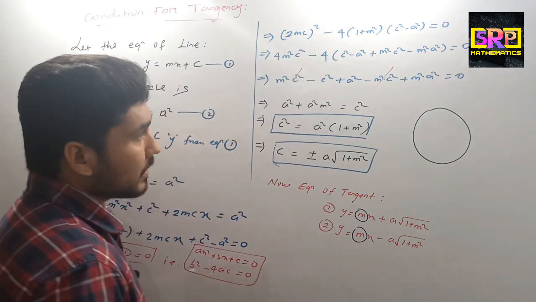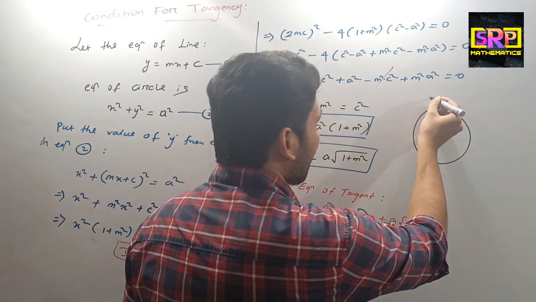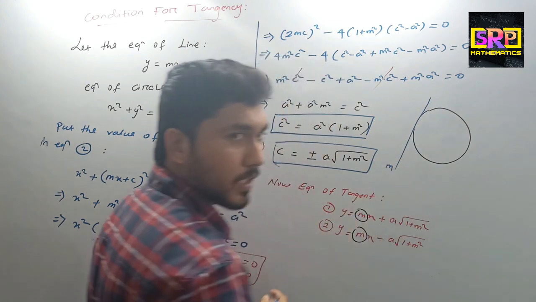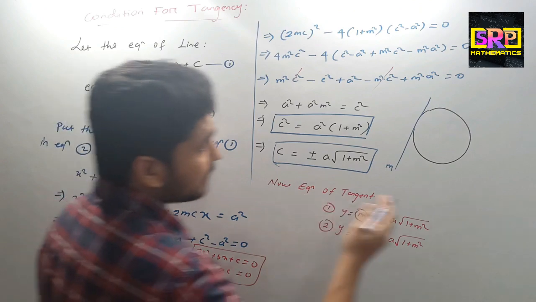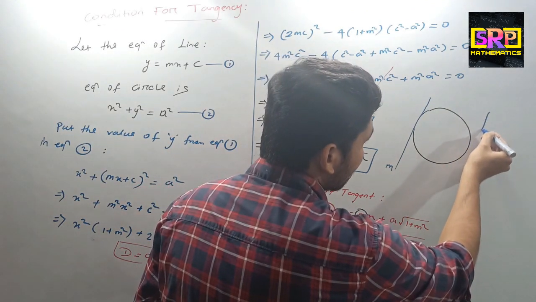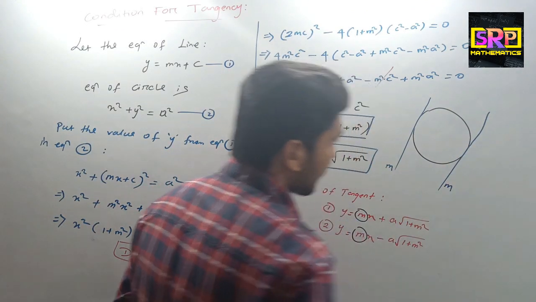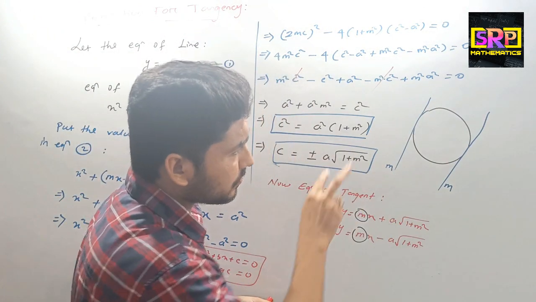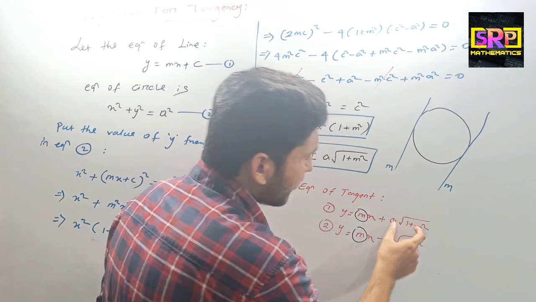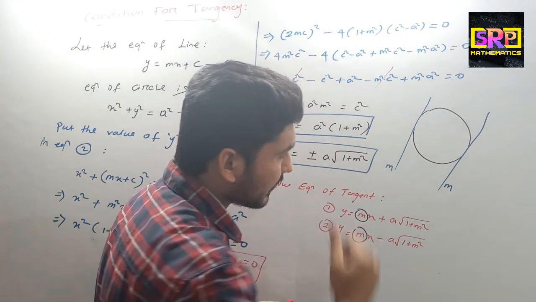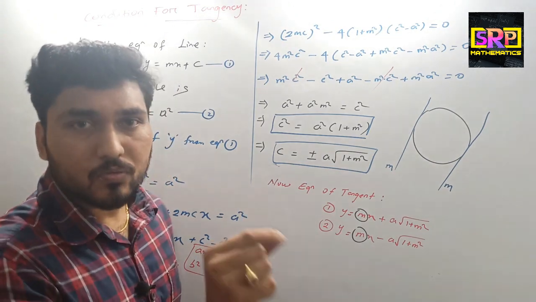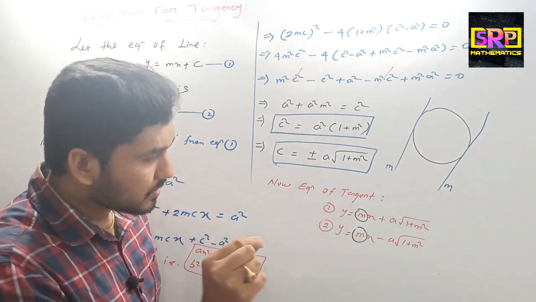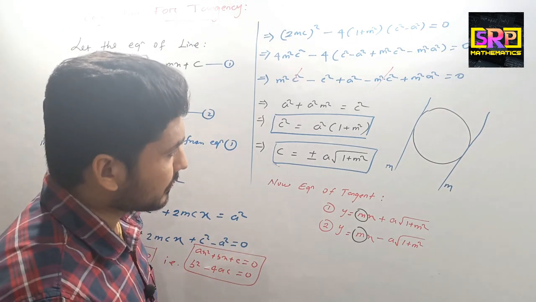If I am telling that this is a tangent having slope m, I can draw another tangent with the same slope m. Understood? That means what is differing? What is the difference between two lines or two tangents? Only the y-intercept part. So in one case you will get plus a into square root of 1 plus m square, and in another case you will be getting minus of a into square root of 1 plus m square.